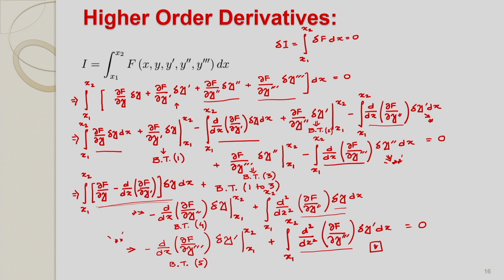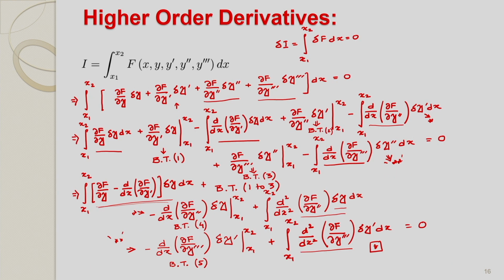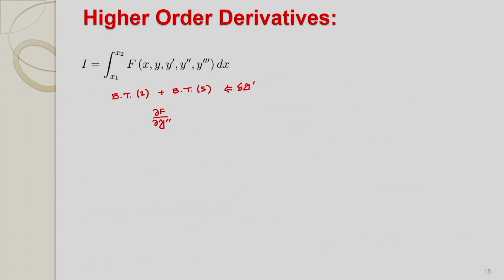So, del f del y double prime, that is boundary term 2, and boundary term 5 is minus d dx del f del y triple prime, multiplied with delta y prime.